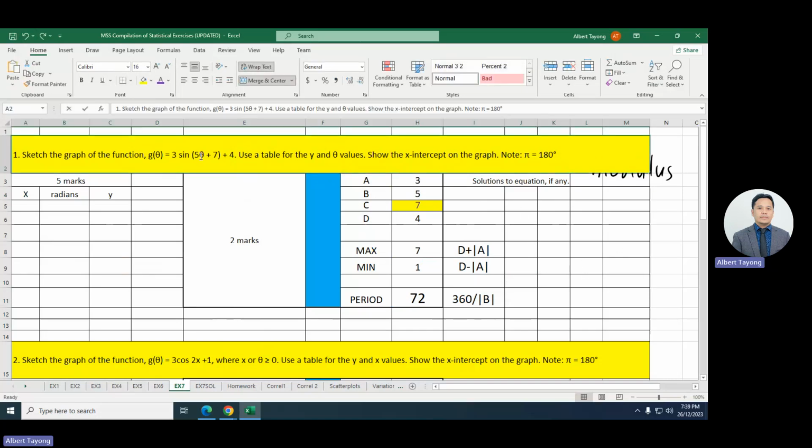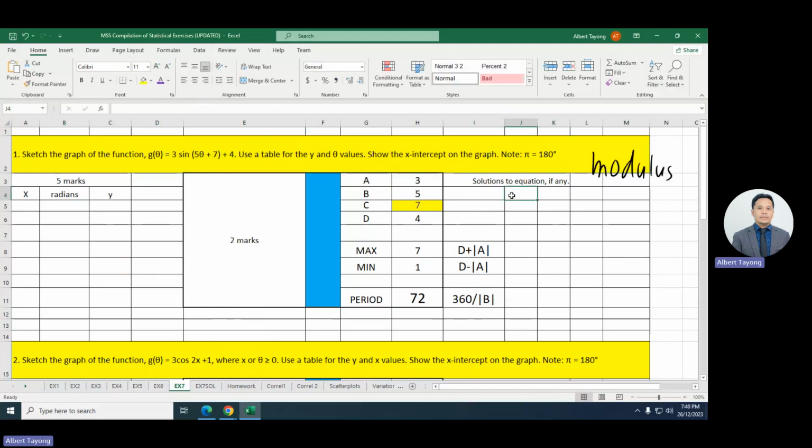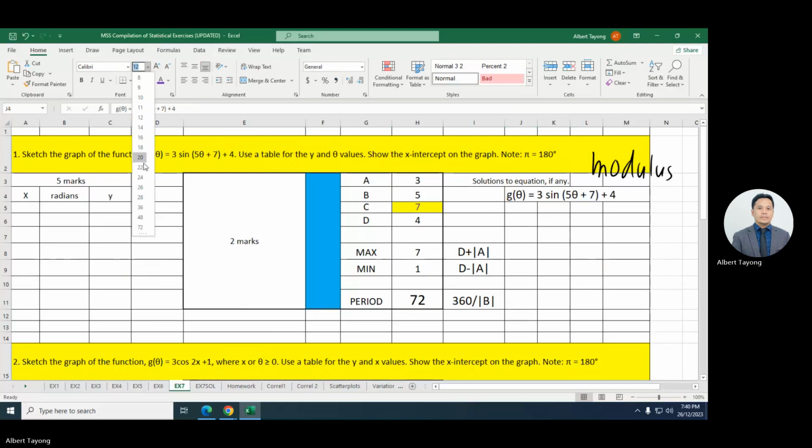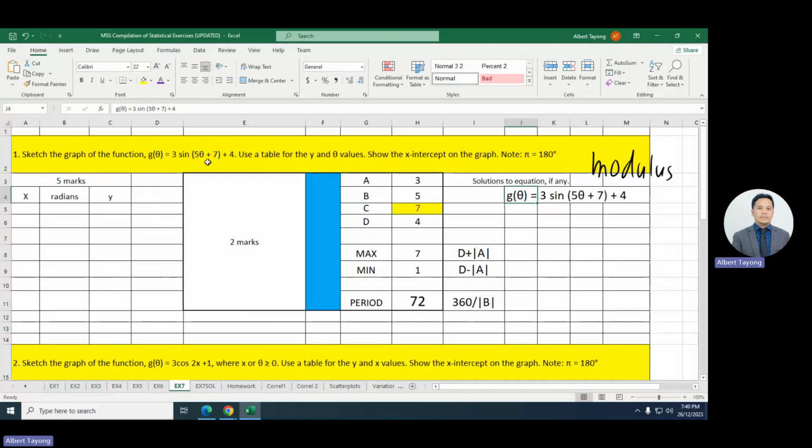okay, change. You have to copy this one and put it here. Copy this, put it here. Change g theta to 7.